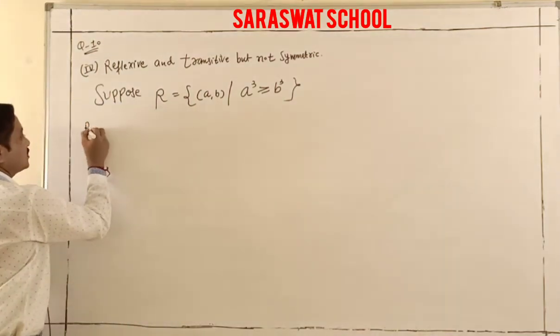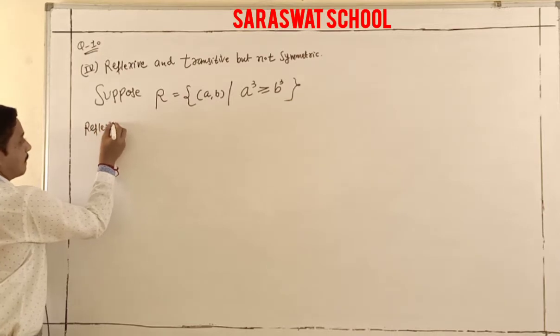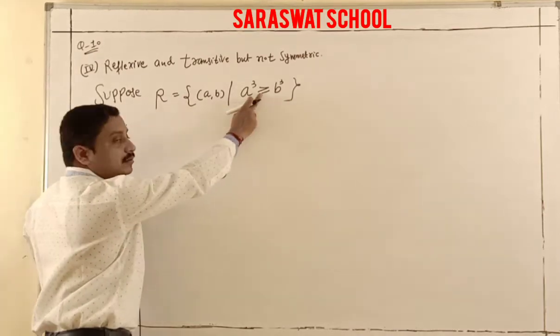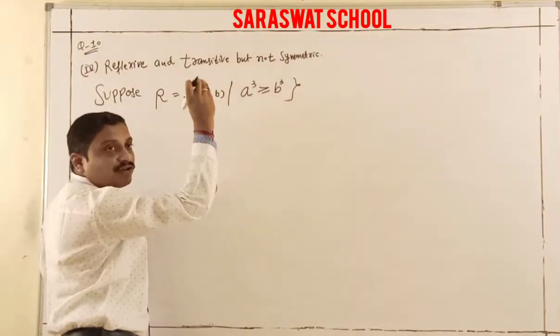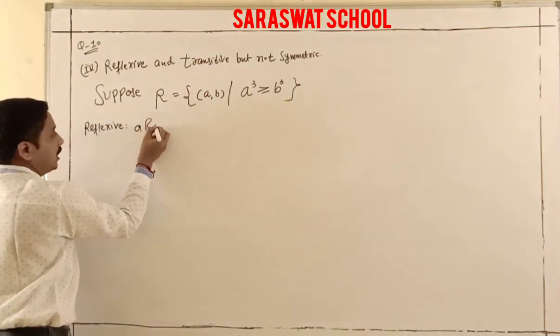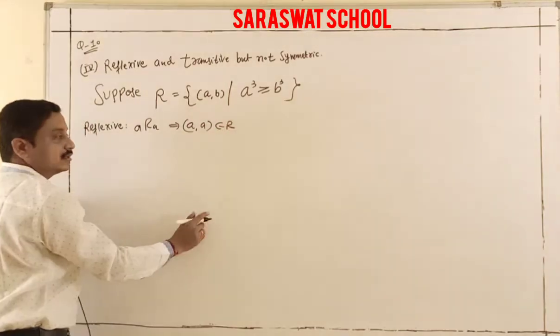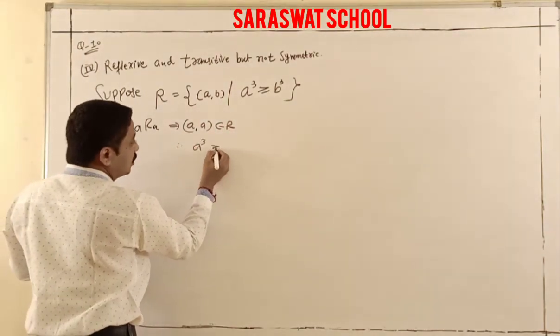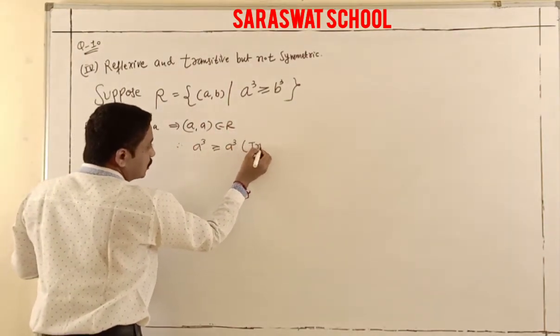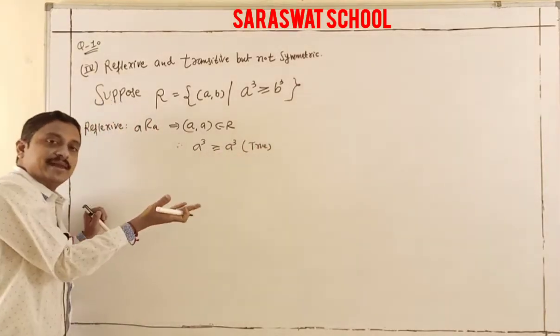So first, reflexive. Students, already I am taking equal here; definitely it is your reflexive rule. A relation A, comma A, belongs to R. Check: A cube is greater than or equal to A cube. It is true; itself is greater than or equal is valid.